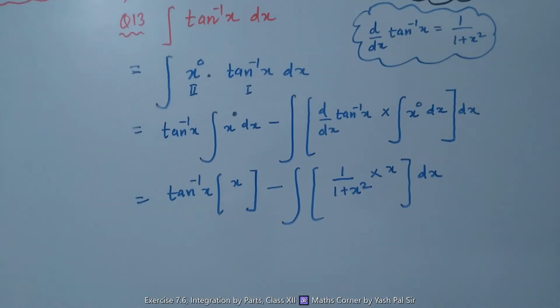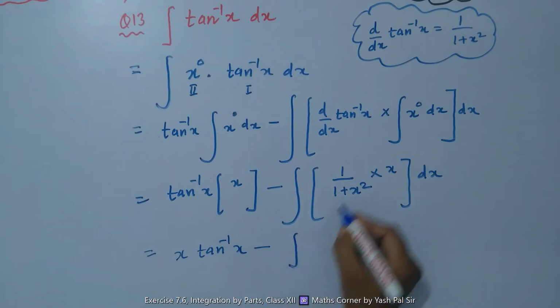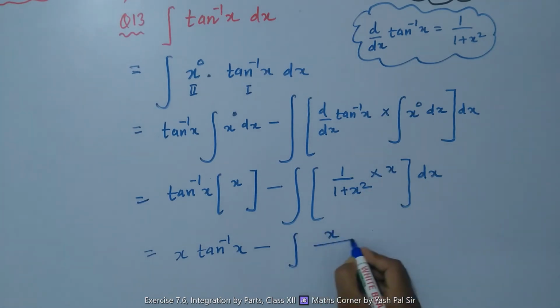So this way we can say x into tan inverse x minus integration of x upon 1 plus x square into dx.